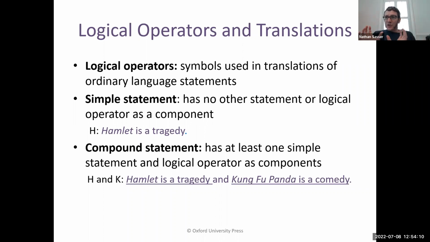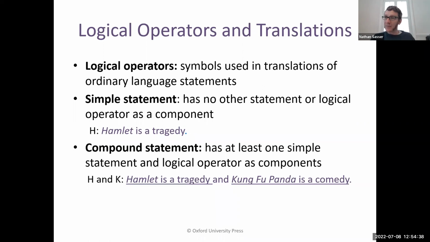So we've got the logical connectives, and then we've got the simple statements that they connect. And simple statements can be contrasted with compound statements, all right? What's the difference between a simple statement and a compound statement? Well, a simple statement will not contain any other statements, and it won't contain any logical operators as a component.